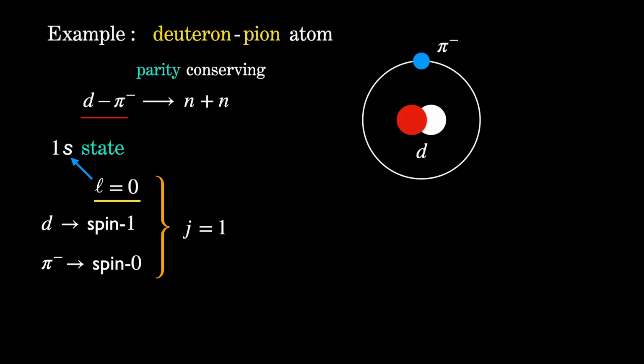Going back to our problem of the deuteron-pion atom. Recall that we have just finished our analysis of the angular momenta of the initial state. Now that we have a good understanding of the orbital angular momentum L, let's look at the final state.